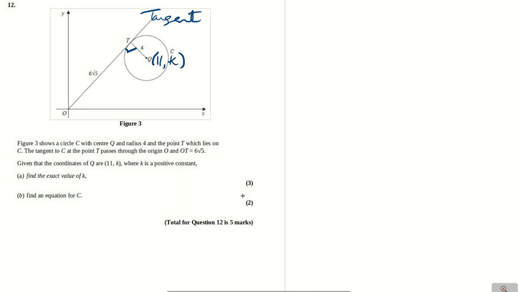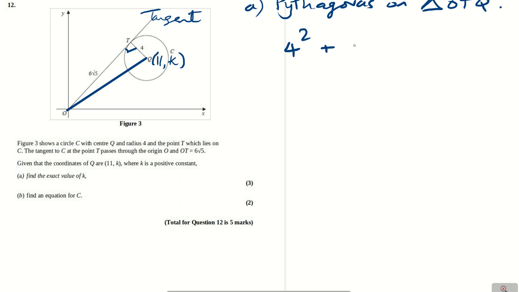If I then draw another line in, then we've got a triangle there, look. If we look at this triangle, then using Pythagoras on the right angle triangle OTQ gives us that 4 squared plus 6 root 5 squared must equal OQ squared.